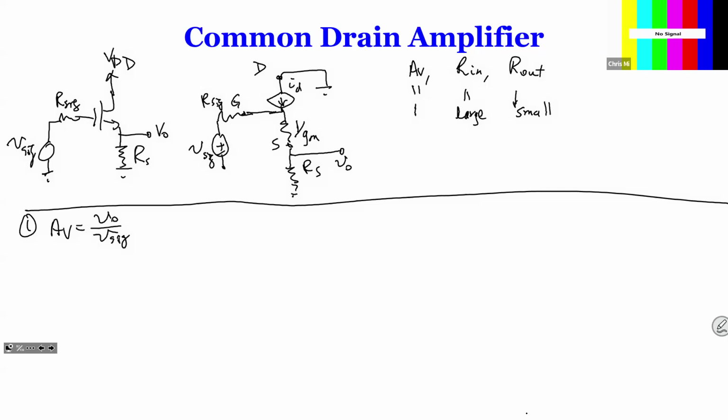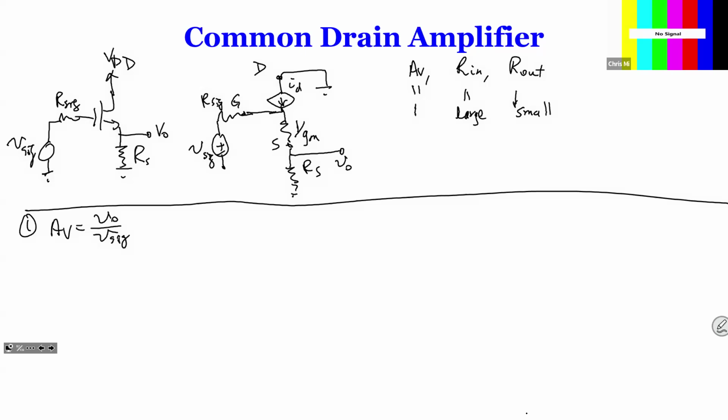So by definition, our AV is going to be... One of the things that we need to find out, sometimes it's just a little bit confusing, but one thing we need to be careful is even though the gate is connected to input voltage source, remember there's no current flowing into the gate. That's typical for MOSFET.